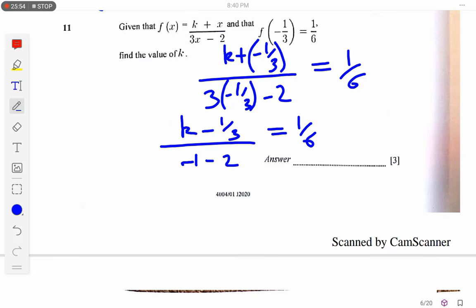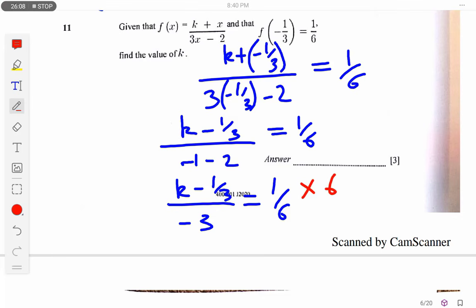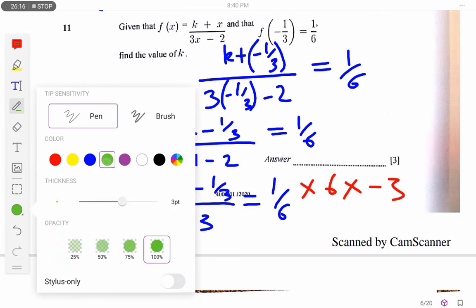At the bottom I'll end up having k minus 1 over 3 all over minus 3 is equal to 1 over 6. So I can cross multiply there. I'm going to cross multiply to simplify my life by 6 here, and to remove the minus 3, by minus 3 there, such that they are going to cancel.